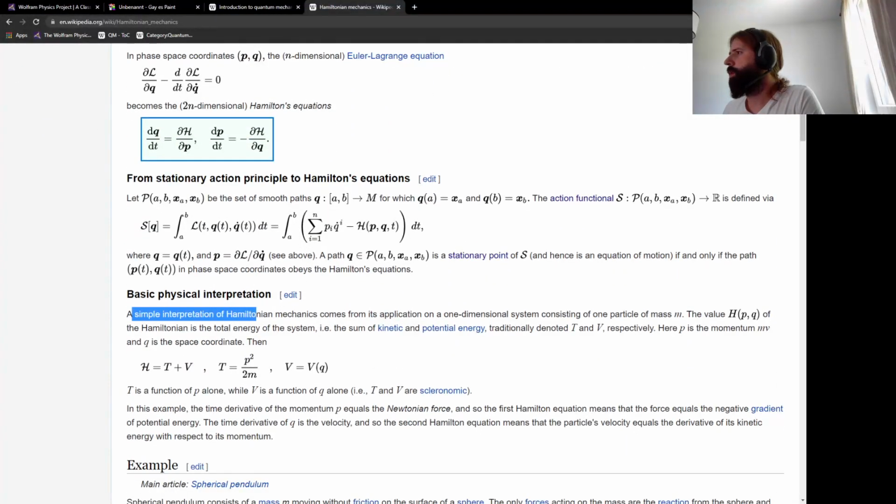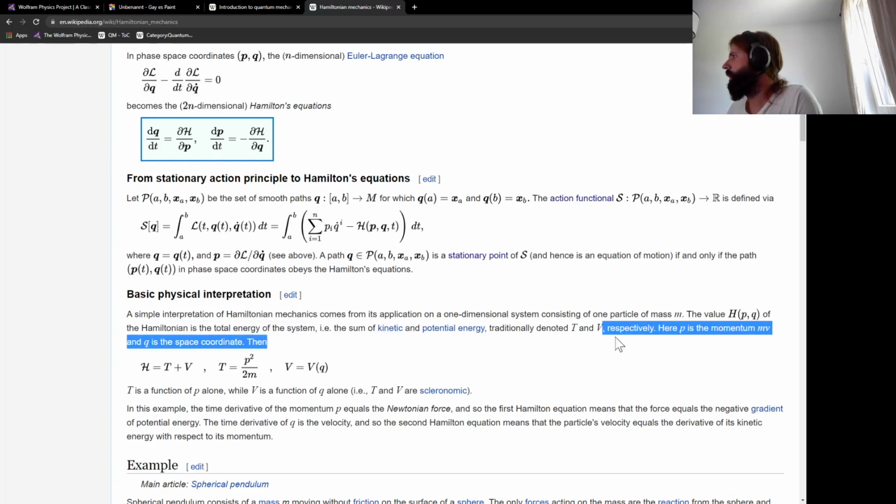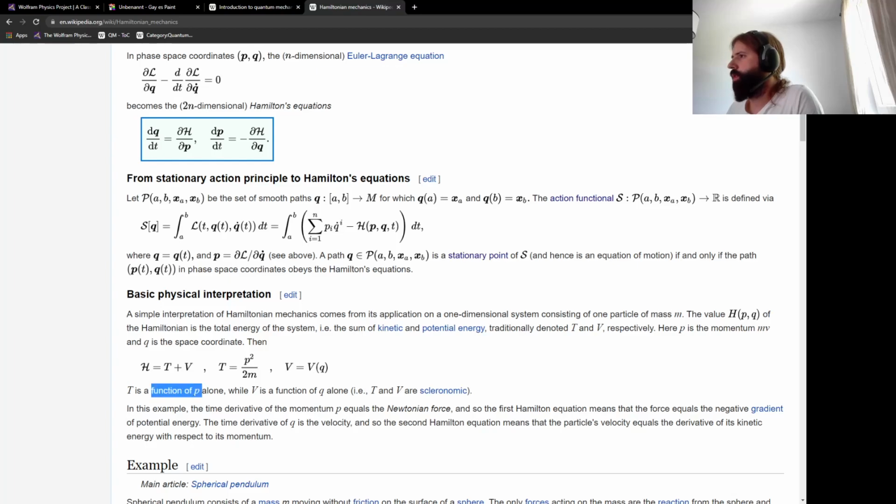A simple interpretation of Hamiltonian mechanics comes from its application to a one-dimensional system. So the value of the Hamiltonian, given a position and momentum, is the total energy of the system, the sum of kinetic and potential energy, the space coordinate. Then this is the Hamiltonian, and it's a function of q alone.